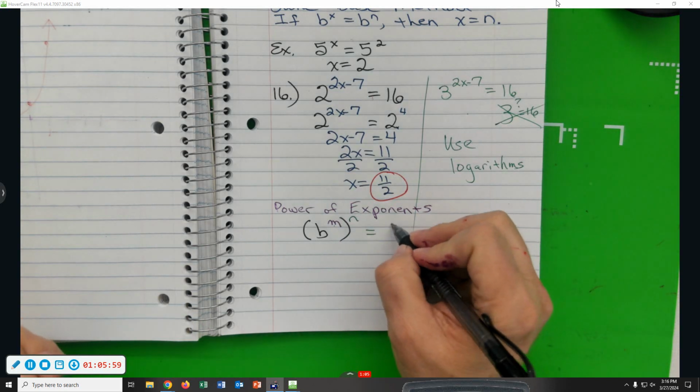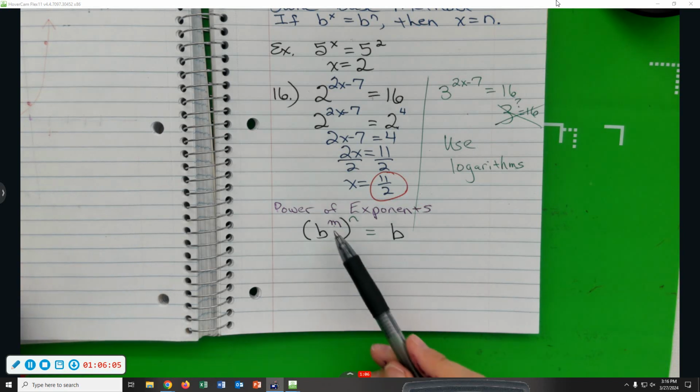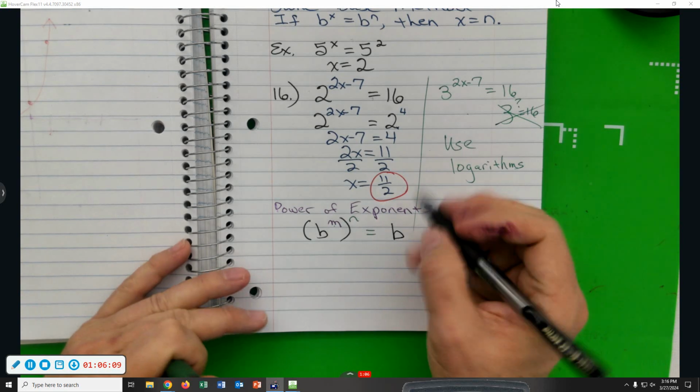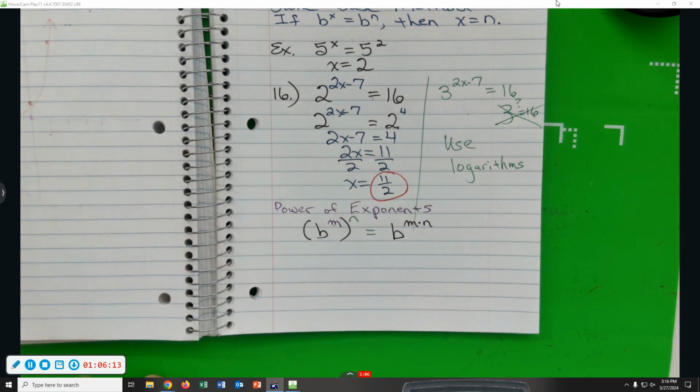Does anyone remember? Power raised to power, you multiply. M times n. Add that to your bag of tricks for when you run into powers raised to powers, and it will be happening. It's about to happen on number 15.